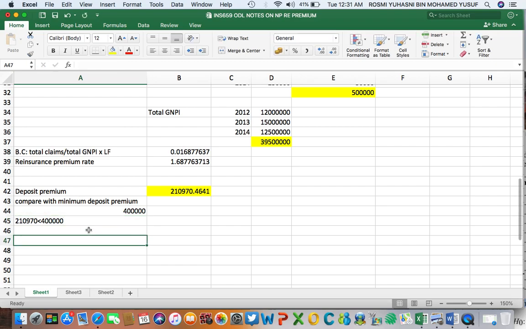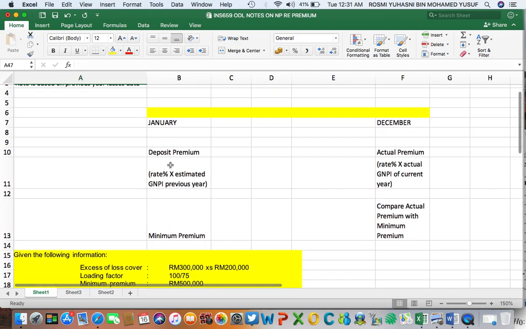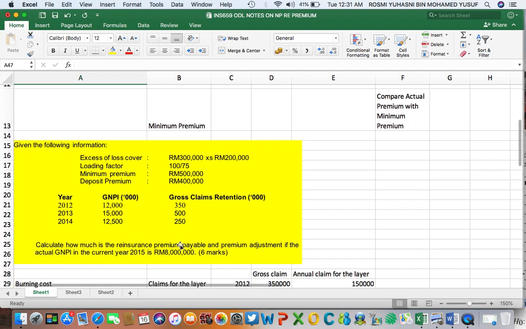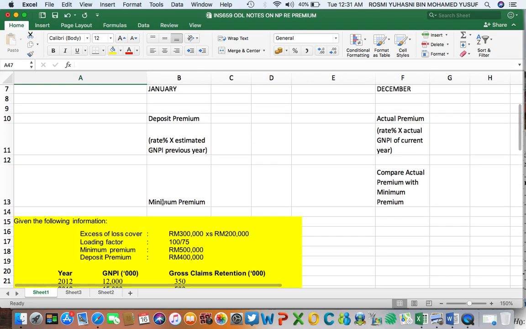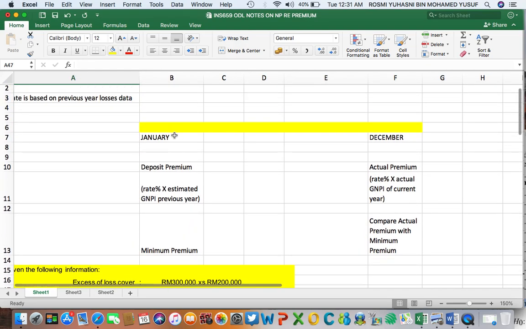So which one should be the deposit premium? Is it 210,970 or 400,000? If you compare, the minimum deposit premium demanded by the reinsurer is 400,000 and the actual calculation is 210,000. Definitely, the minimum should be the deposit premium.